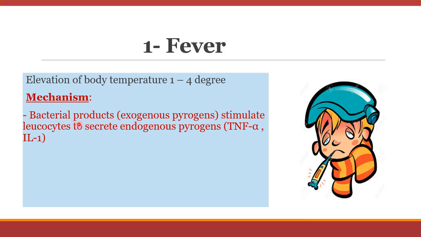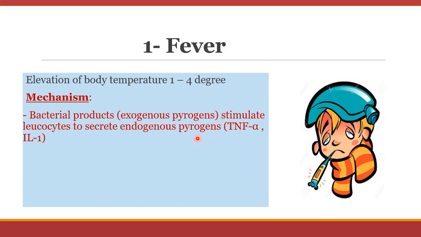Those bacterial products are called exogenous pyrogens. They are called exogenous because they are coming from outside the body. These products are going to stimulate the leukocytes to secrete other factors that are called endogenous pyrogens. They are called endogenous because they are formed inside the body.